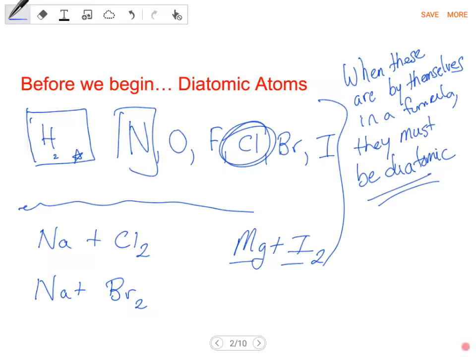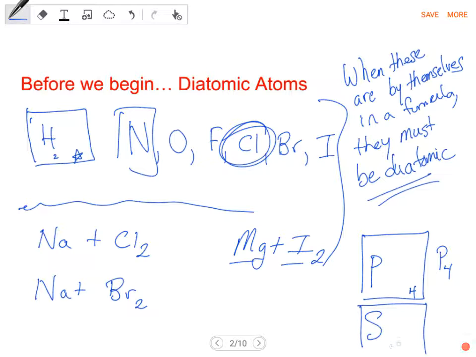Another exception that you might want to put here: phosphorus, which is the P there, exists naturally in a state of 4. So if you were to write phosphorus by itself, it would be P4. The other one that we worry about is sulfur.